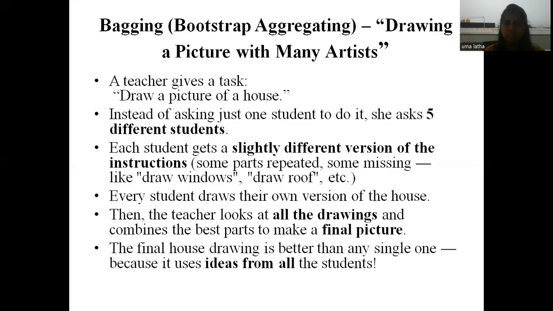Some parts repeated, some missing, like draw windows, draw roof, etc. Every student draws their own version of the house. Then the teacher looks at all the drawings and combines the best parts to make a final picture. The final house drawing is better than any single one because it uses ideas from all the students.